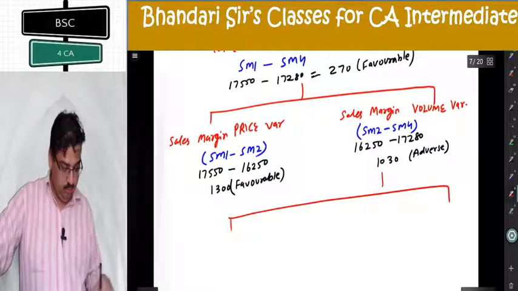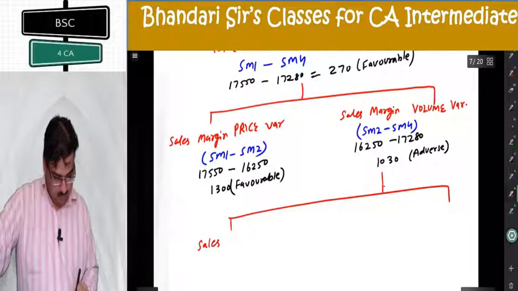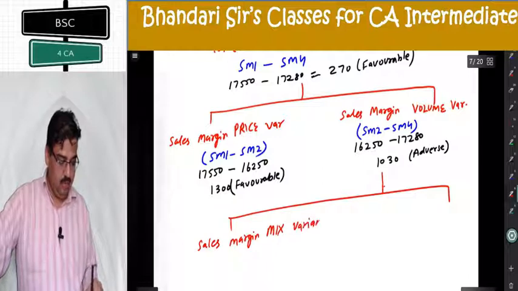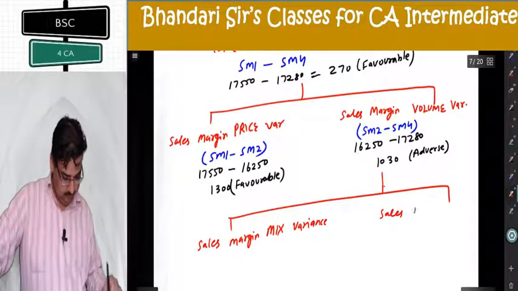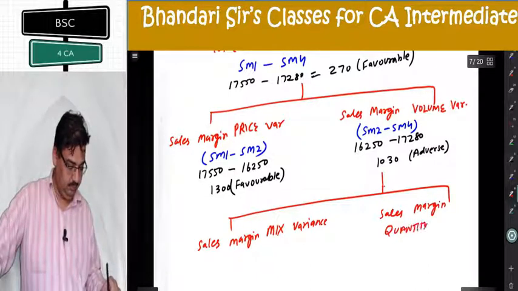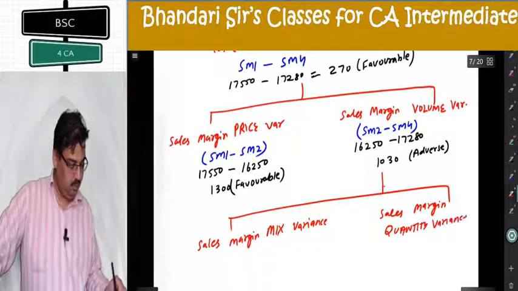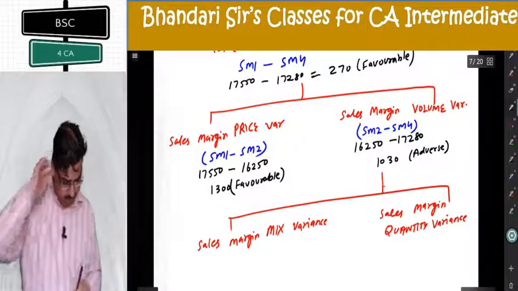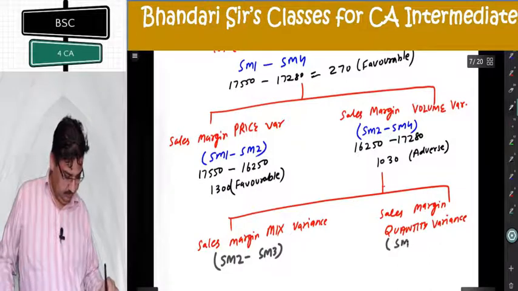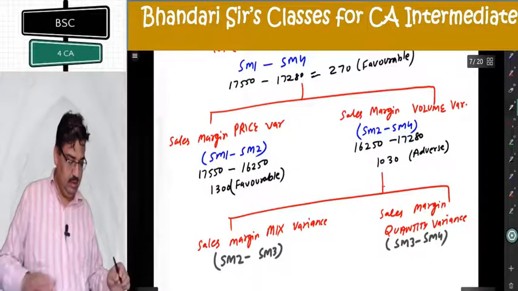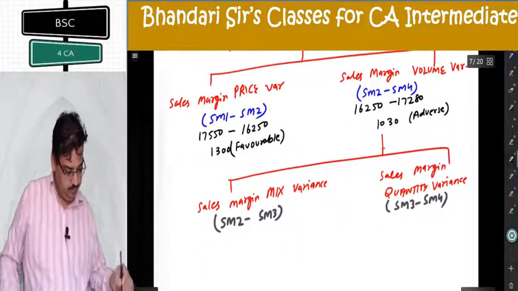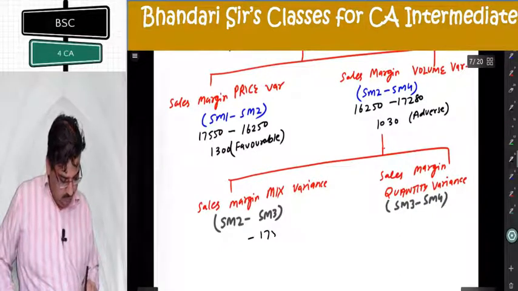Then under this there are two. Sales margin mix variance. Sales margin quantity variance. SM2 minus SM3, SM3 minus SM4. SM3 was 17550.